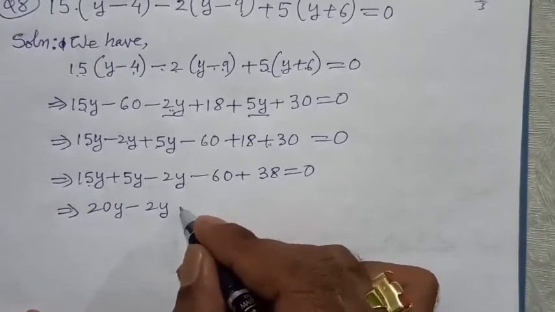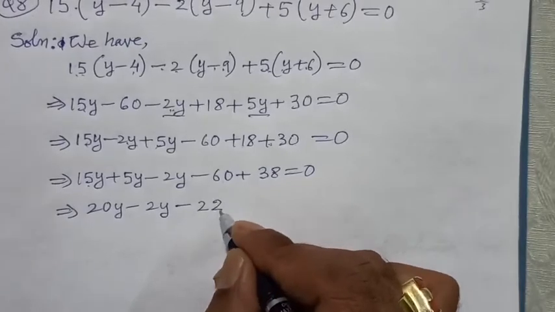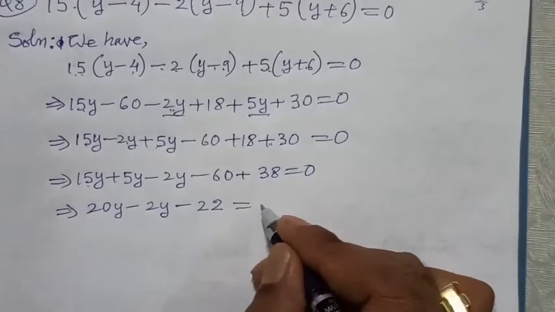Since 60 is bigger, keep the minus sign. We are getting now 22 is equal to 0.